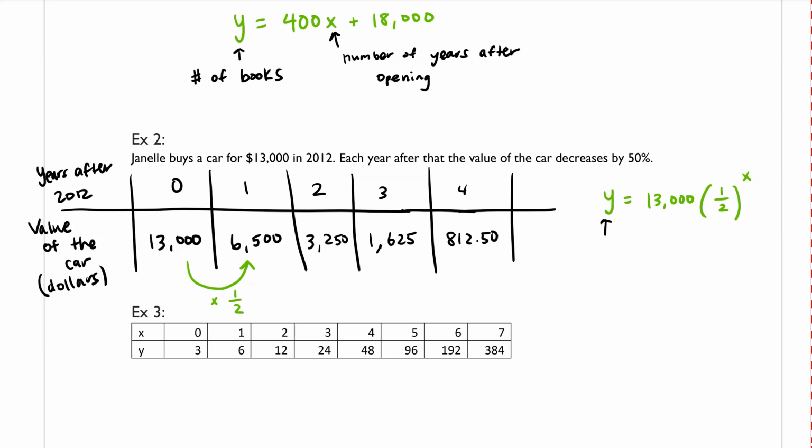And so what are each of those things? y here would be the value of the car. The 13,000 represents the starting value of the car. And then the 1/2, that's representing the rate at which the value is decreasing.